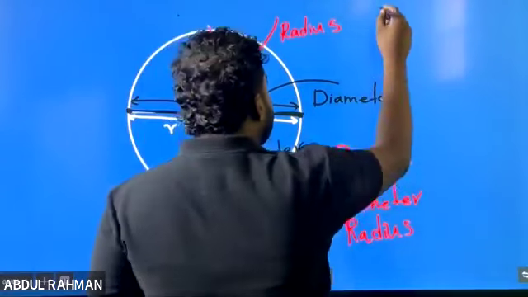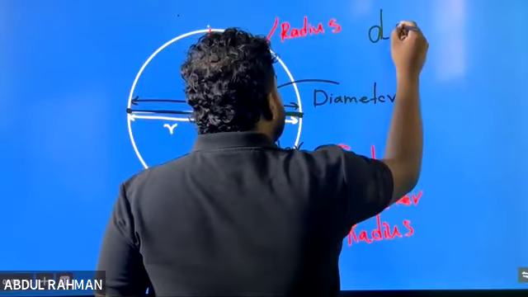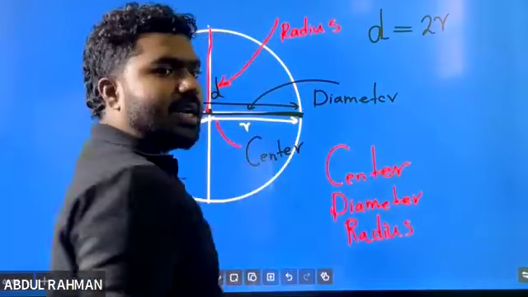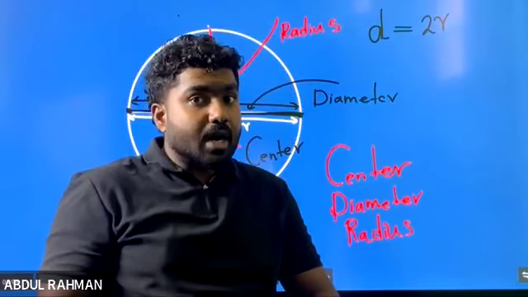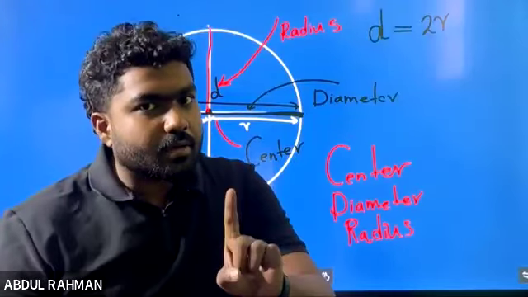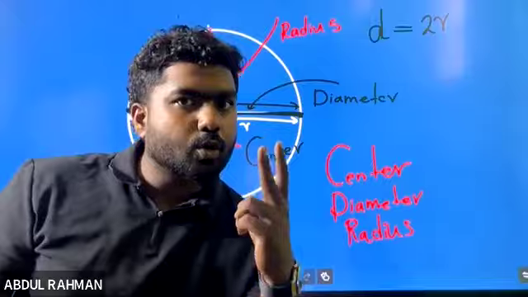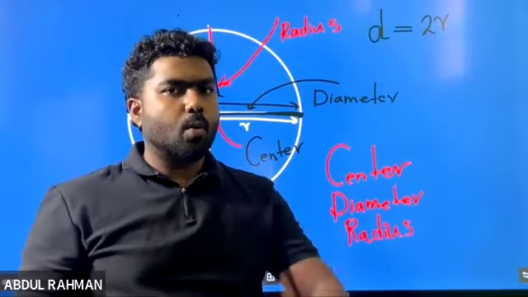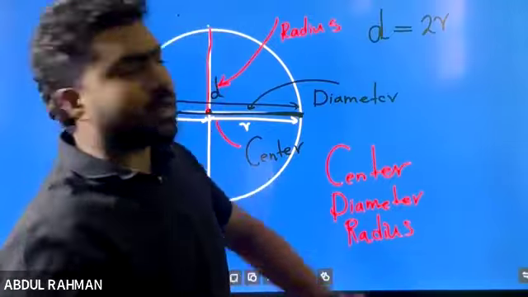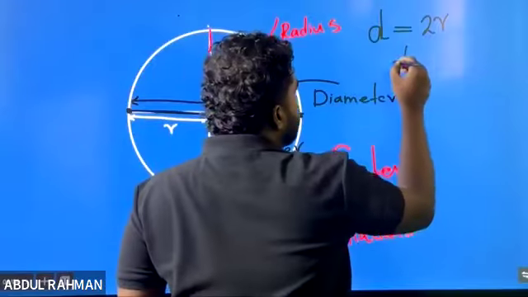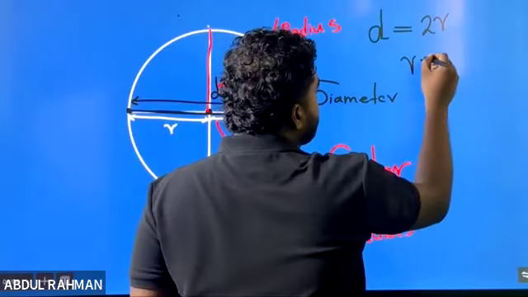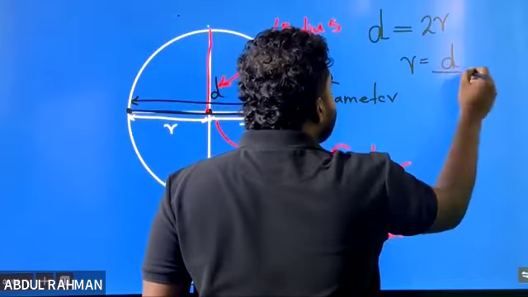I can write D equals 2R. Yes or no? One diameter is equal to how many radii? Two radii. Or else I can write, a radius is equal to half the diameter, correct?